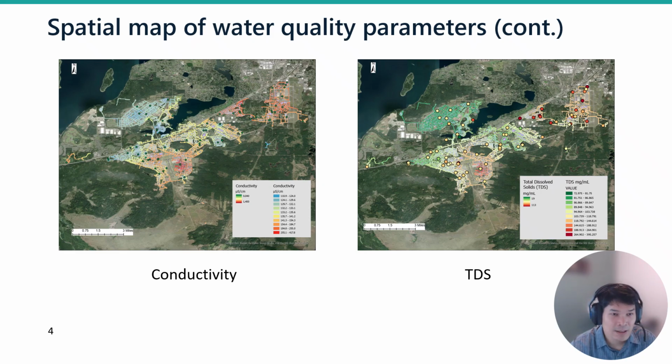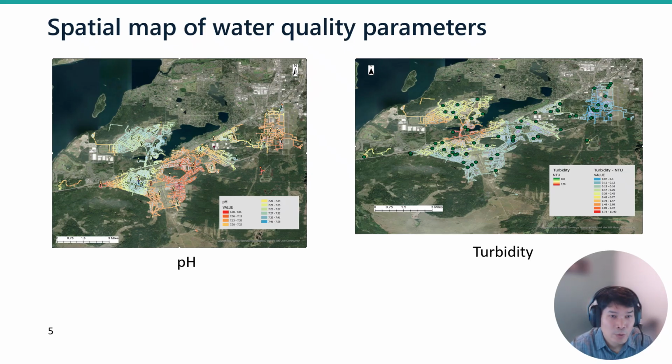For instance, the area around the airfield has higher conductivity and TDS, shown in the red circle. Even though this area has elevated TDS, the interpolation still estimates TDS across JBLM under the EPA threshold of 500 mg per liter as the secondary standard for drinking water.